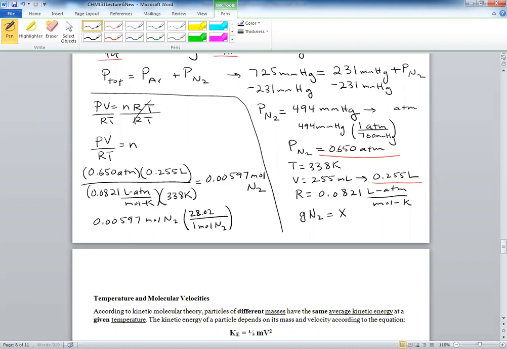Again, this is from the periodic table, 2 nitrogen atoms. And that gives us 0.168 grams of N2.